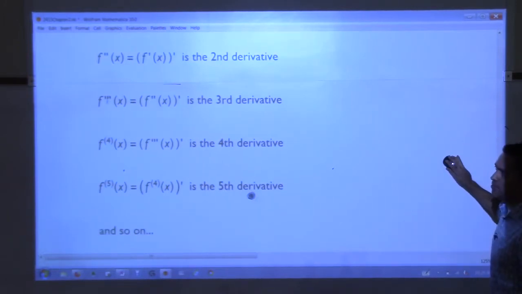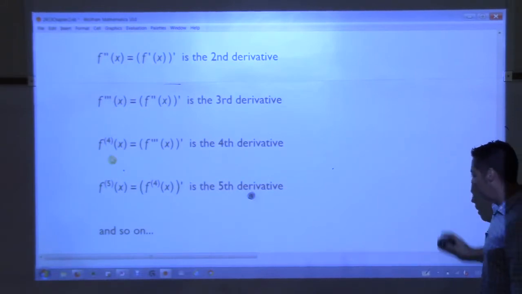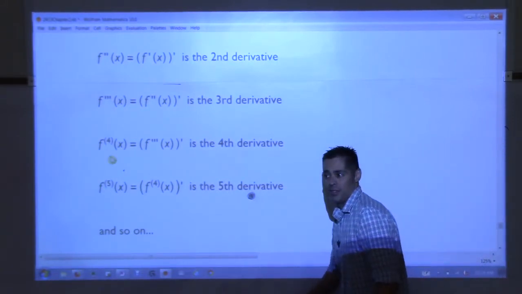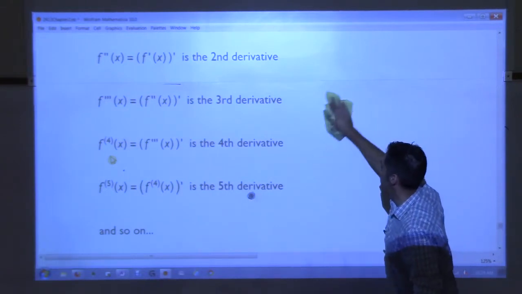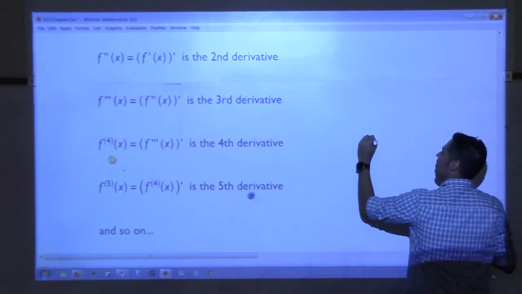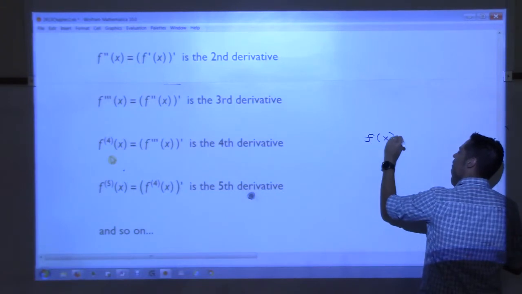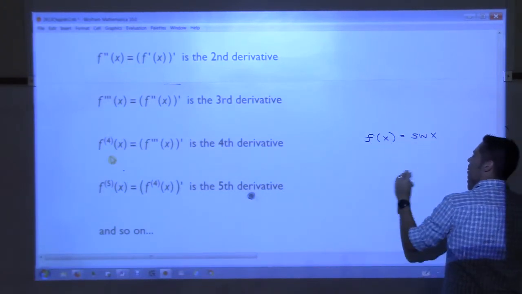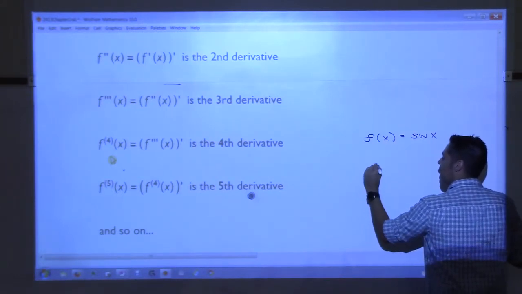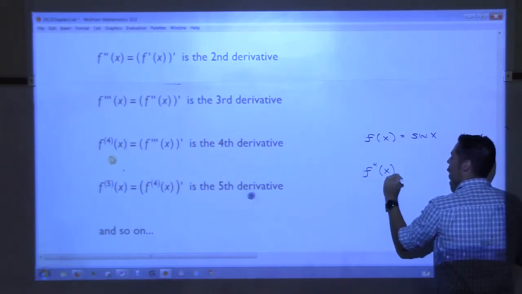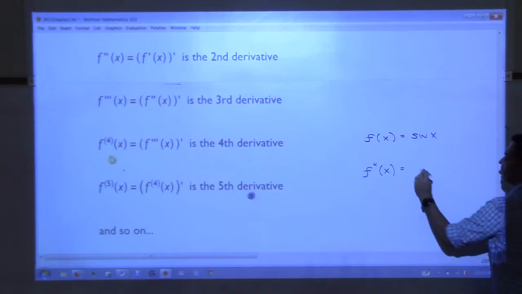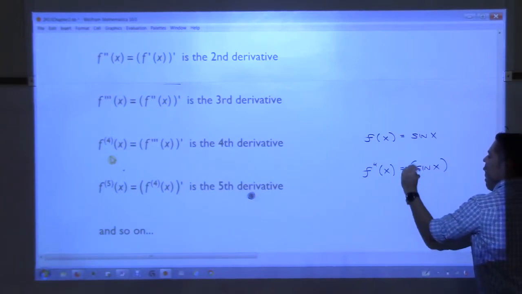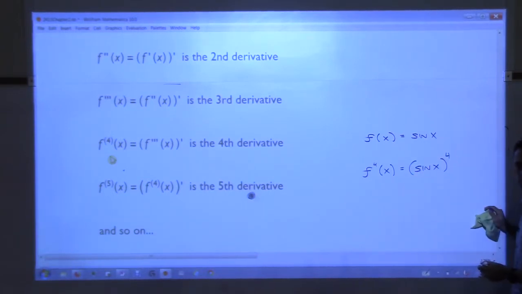And then once we get to the fourth derivative, we stop writing the primes. Obviously, we can't continue to write primes. So we write a 4 here, but notice that we put the 4 in parentheses. That's critically important. Let me explain why. Let's say that you have this function f of x equals, let's go with sine x. If I write f with a 4 like that, what I mean is take the sine function and raise it to the 4th power.